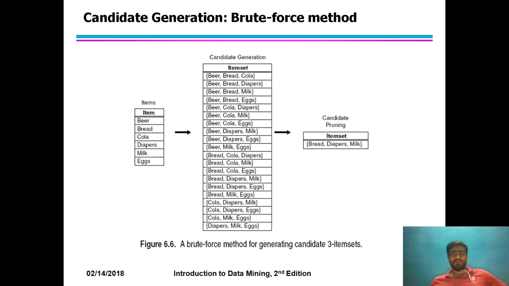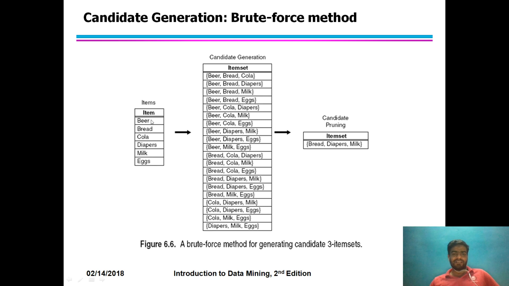So this is again a brute force method for generating candidate 3 item sets. Here we have beer, bread, cola, diaper, milk, and eggs. Now combine everything with everyone. Take first beer, combine with bread and cola, then beer, bread, diaper; beer, bread, milk; beer, bread, eggs.